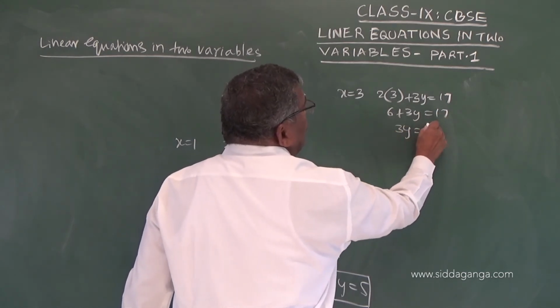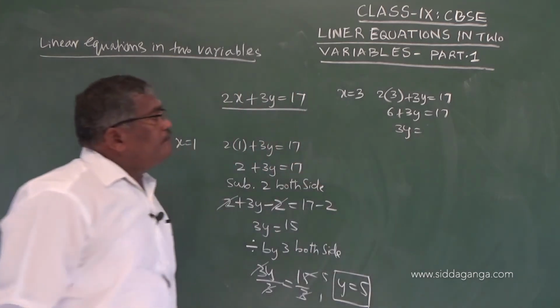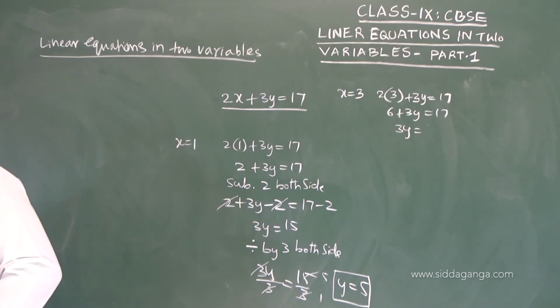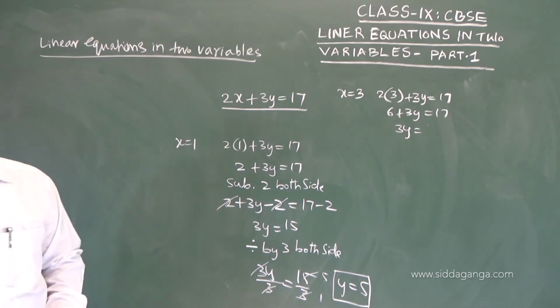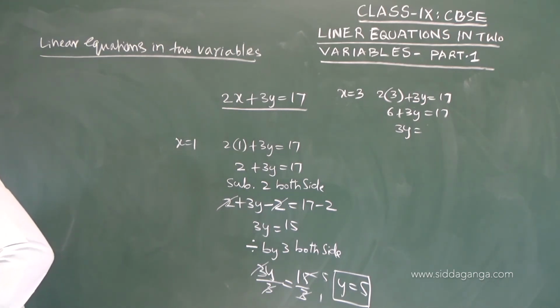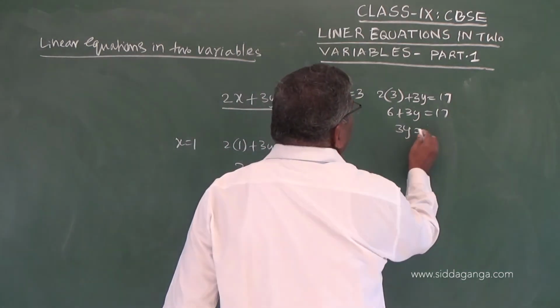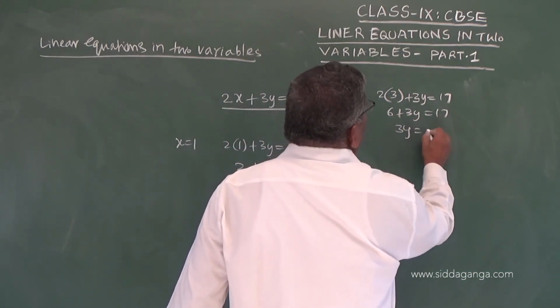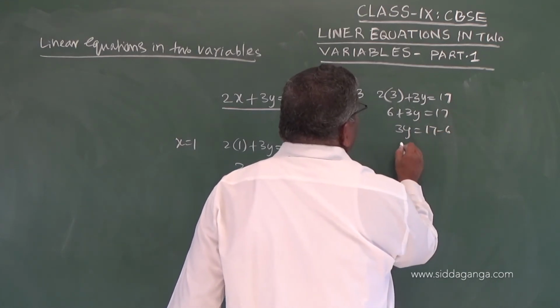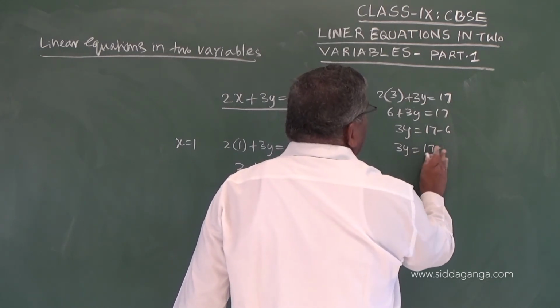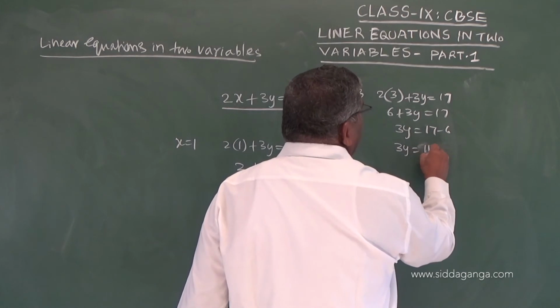3y is equal to 17 minus 6. So 3y equals 17 minus 6, which is 11.